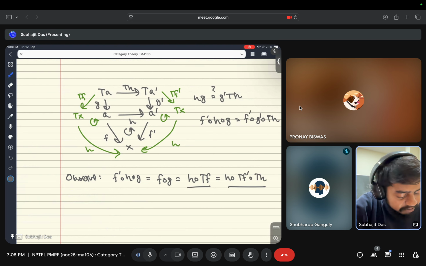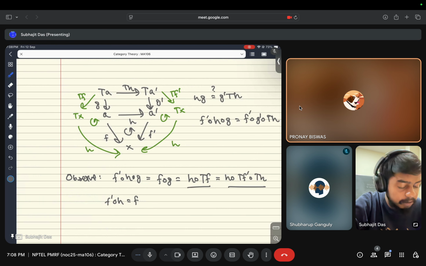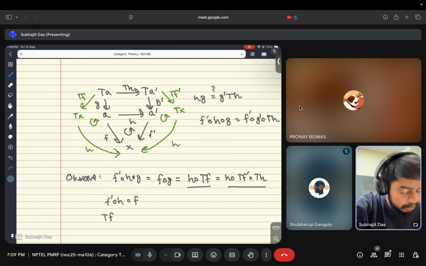So we already know F prime composed H is F, right? So applying T on both sides, TF prime composed TH is TF, right?